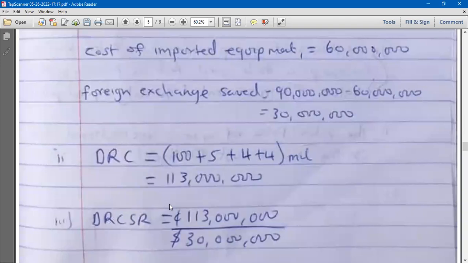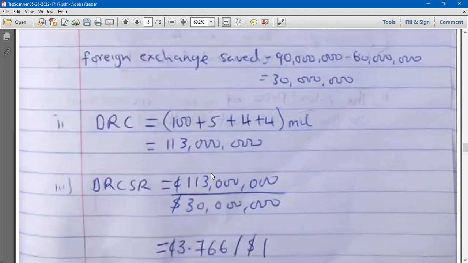Our local cost is quoted in cedis, but the foreign one is quoted in dollars. So if you want to find the ratio, you divide what we have in cedis here, the cost of using our own staff to do it, by the foreign exchange savings.